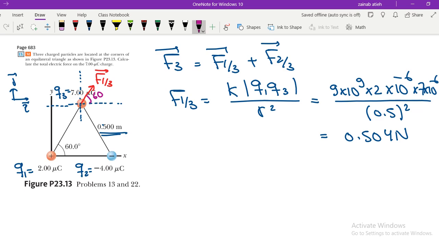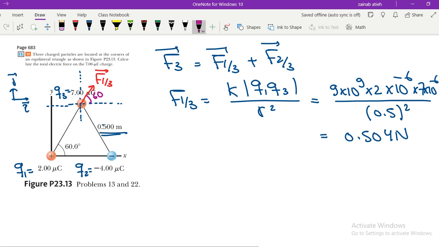Once I know the angle, I look at the force. The force can be divided into two parts, a part on the x-axis and a part on the y-axis. The part on the x-axis is F1 on 3 cosine 60. The part on the y-axis is F1 on 3 sin 60. Please, when you do a projection, the component adjacent to the angle will be cosine, and the other one will be sin. We also pay attention to signs. The projection on the x-axis is with the positive sense, and the projection on the y-axis is with the positive sense.